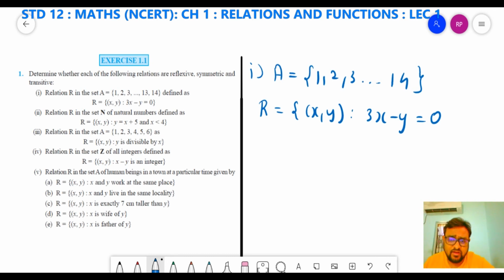Now see here, if it is reflexive, then (1, 1), (2, 2), (3, 3), (4, 4) must belong to it, right? See here, this is the relation 3x minus y, that means 3x is equal to y. So now if I take (1, 1), sorry, it's 3x, not 3y.